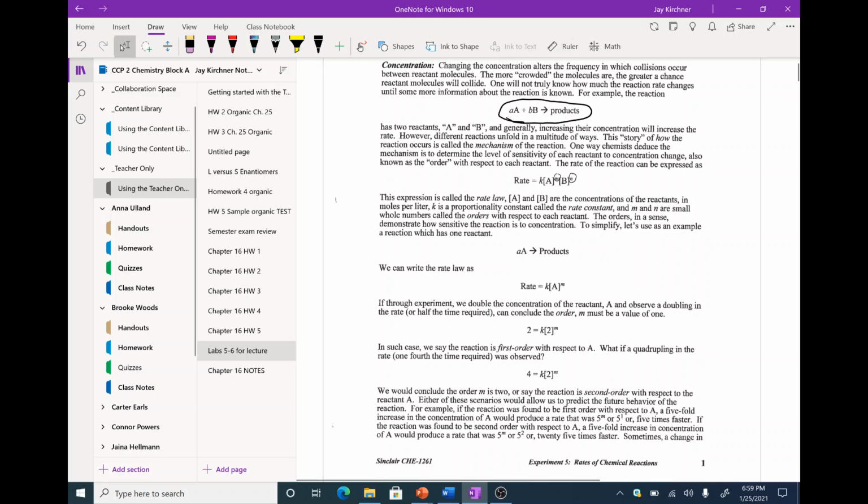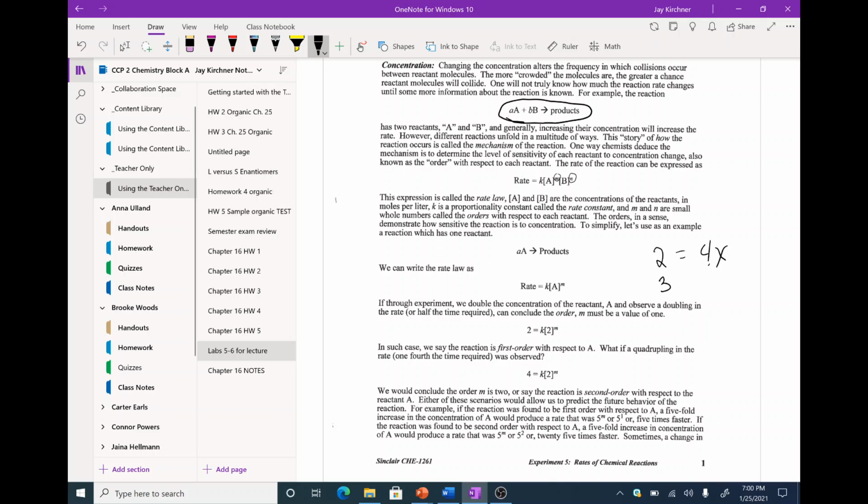So what we have to do is actually do the reaction at different concentrations of A and B and figure out what happens. For instance, if you double the concentration of A and the rate goes up by 4-fold, then you know that the order of the reaction for A is 2. If you make A twice, but you get a 4-fold increase in rate, 4 is equal to 2 squared.